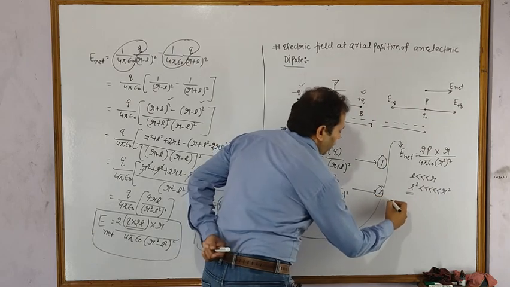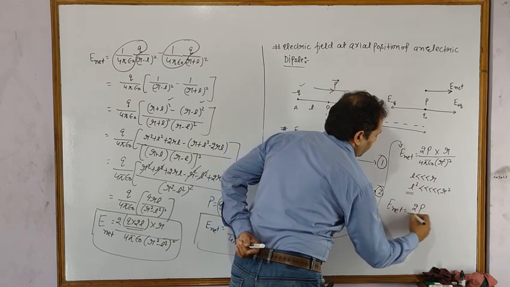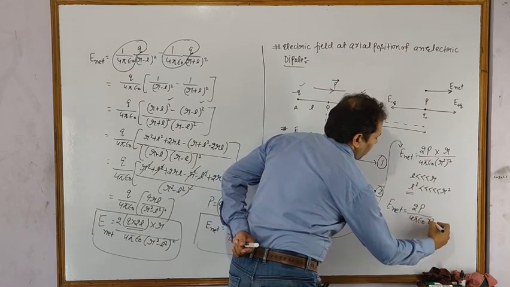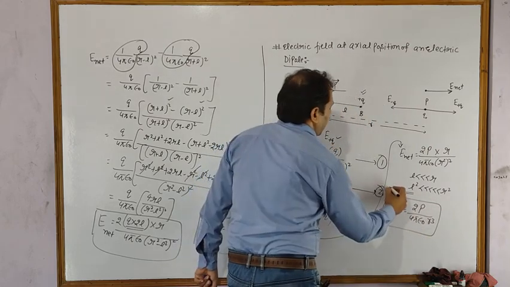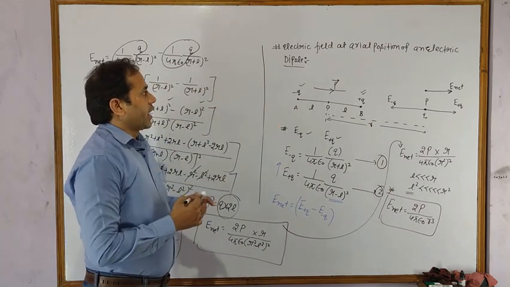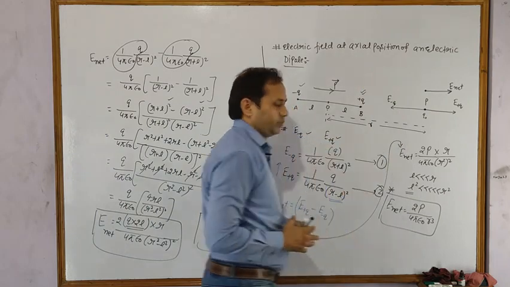So you can write the final equation: E net is equal to 2P upon 4 pi epsilon naught R cube. This will be the final electric field due to an electric dipole at the axial position.